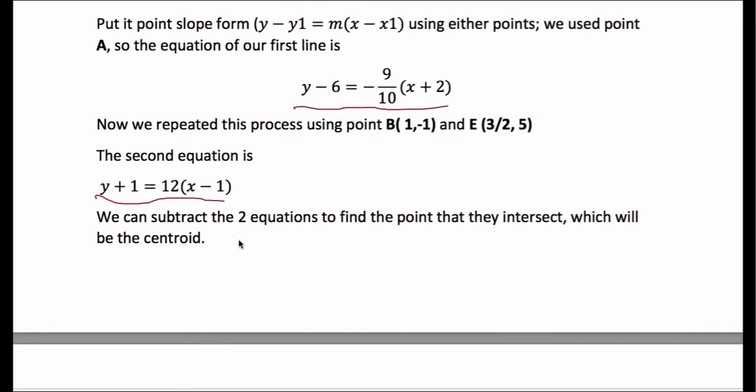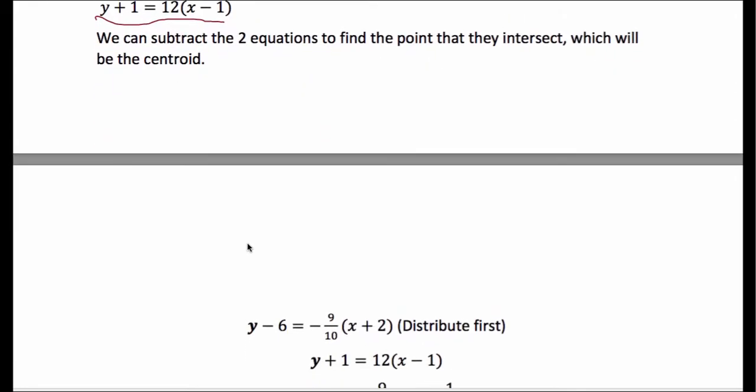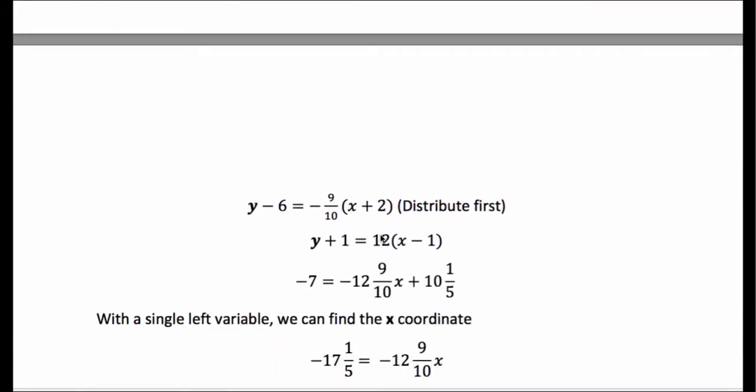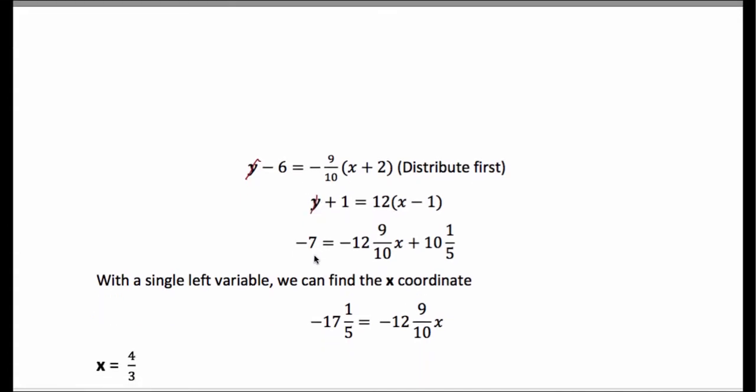Now we subtract the two equations to find the point where they intersect, which will be the centroid. We distribute, and then subtract. The y's will cancel out, and we're left with negative 7 equals negative 12 9/10 x plus 10 and 1/5.